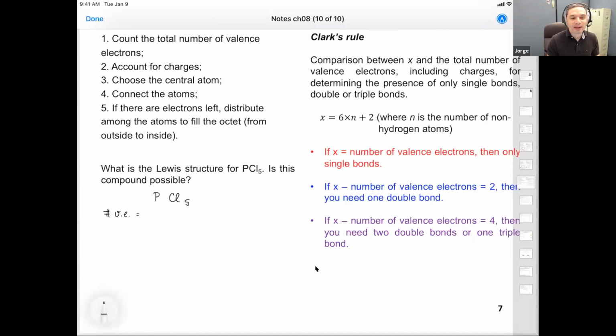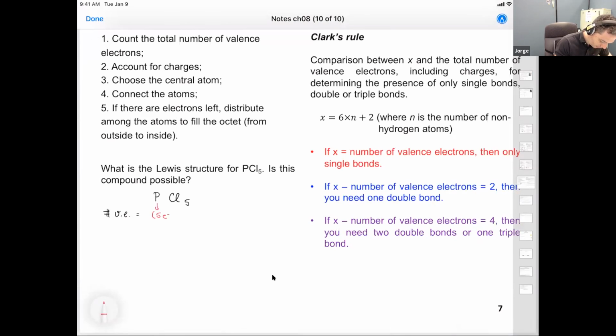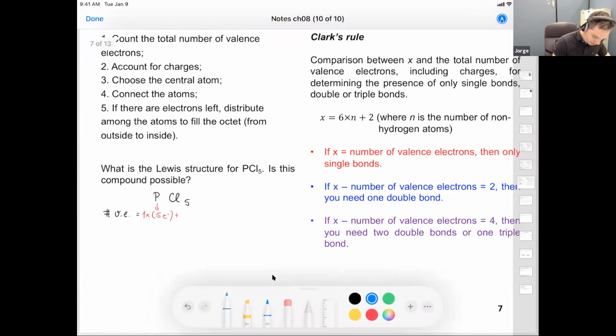Okay, so starting by always counting the number of valence electrons, because those are the electrons that are going to be used to connect the atoms. And if there are leftovers, we will fill up the octet of the elements in the formula. Phosphorus belongs to group 15, therefore 5 valence electrons. We just have one, plus chlorine.